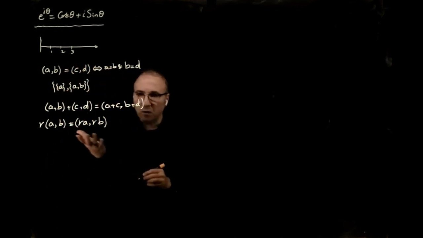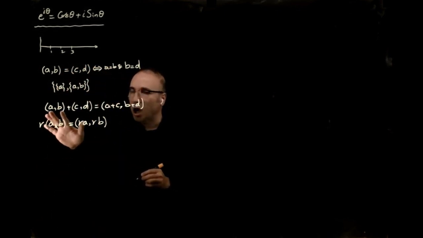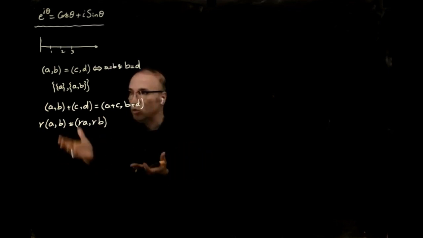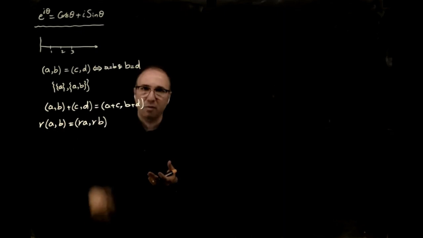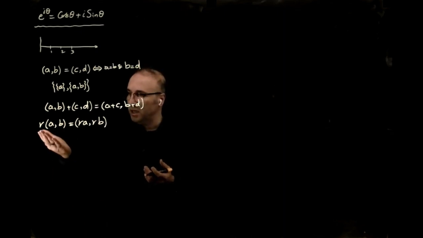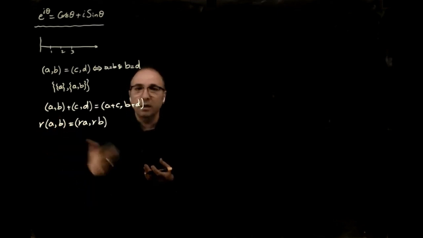So nothing out of place here. So I define addition for my two-dimensional numbers because I want to be able to do some math with them. And I define a multiplication between a two-dimensional number and a real number.